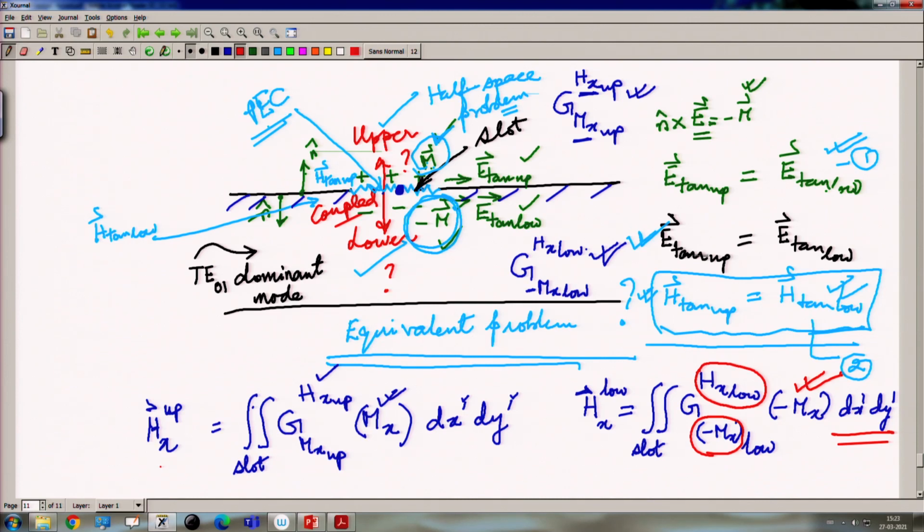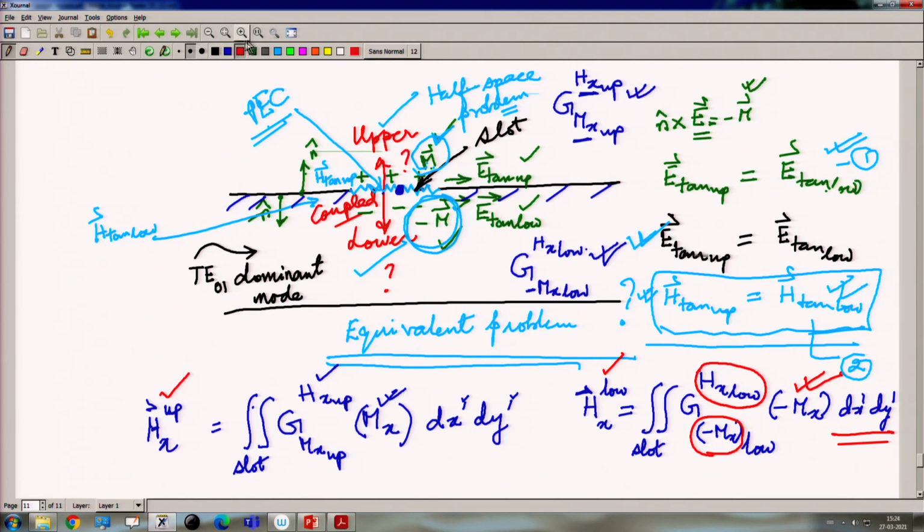This gives me the tangential magnetic field radiated up for the upper problem, and this is the tangential magnetic field radiated for the lower problem. So, now we have to match the total tangential magnetic fields for the lower problem and that for the upper problem.